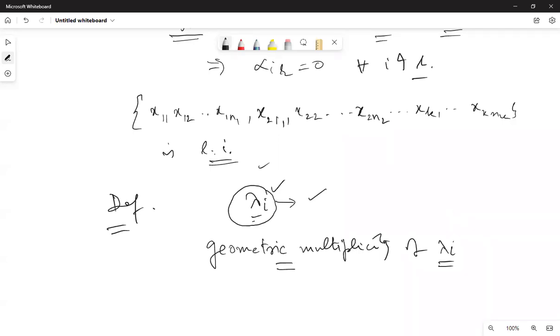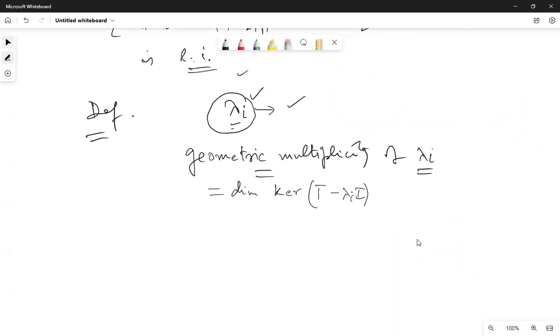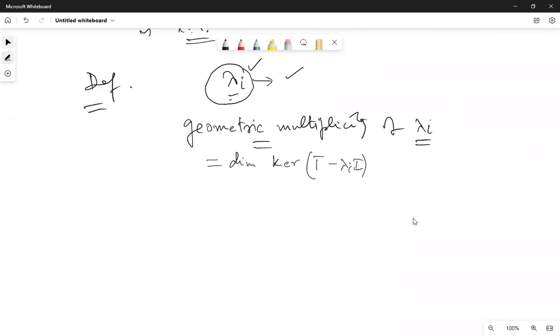This is basically the dimension of the kernel of T minus lambda I, because they all belong to this kernel. And there is another, which is known as algebraic multiplicity.